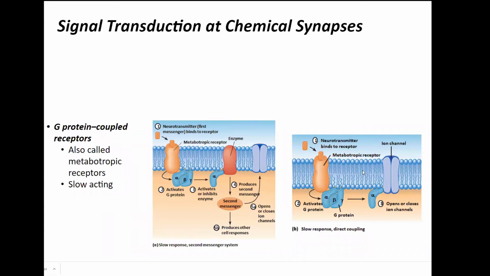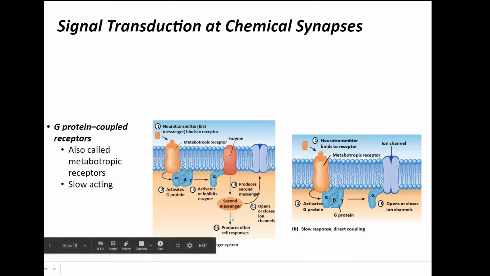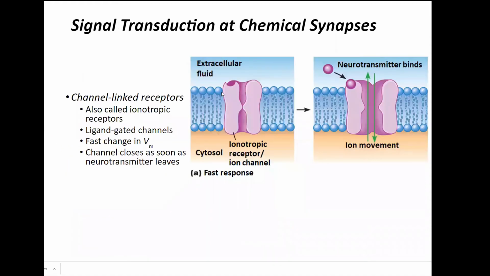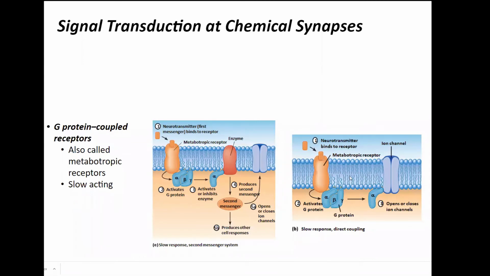So in this case, we don't see this second messenger system. We just see this little blue piece of the G protein opening the ion channel here. This is still a slow response compared to our ionotropic receptors, but we'd expect it to be potentially a little faster than if we're creating the second messenger.